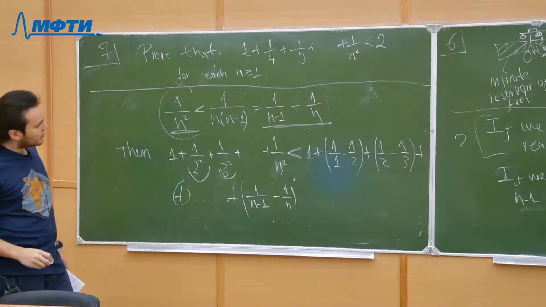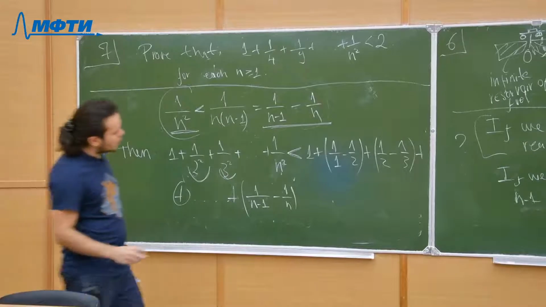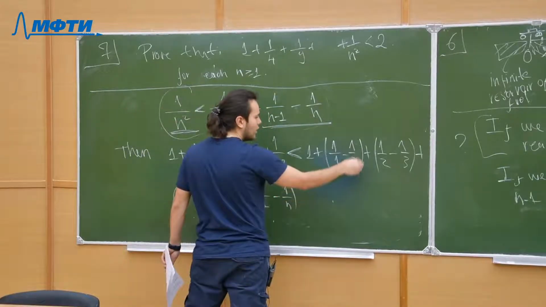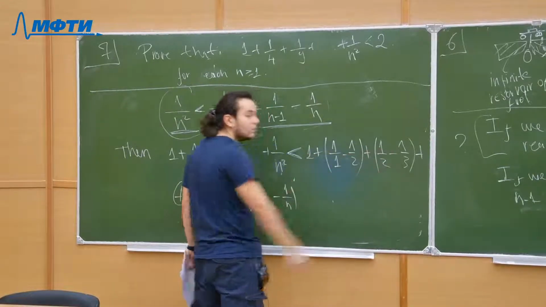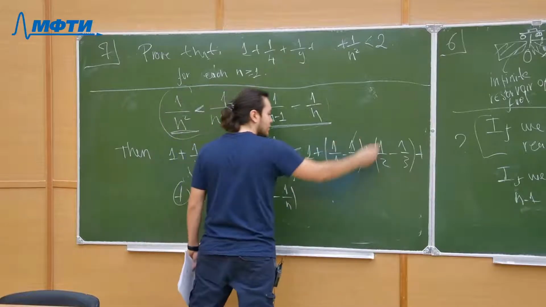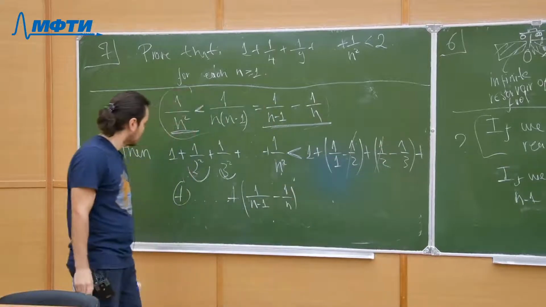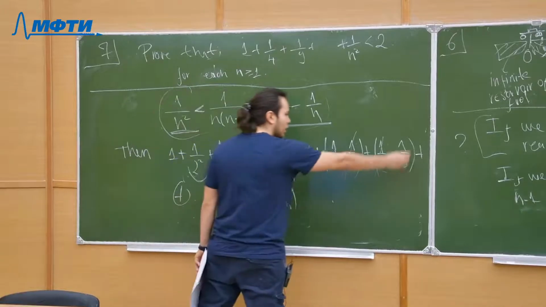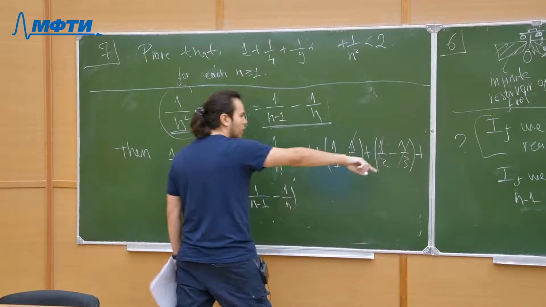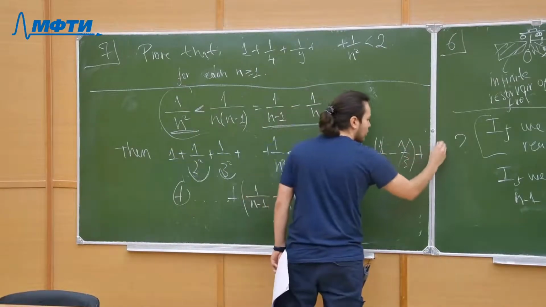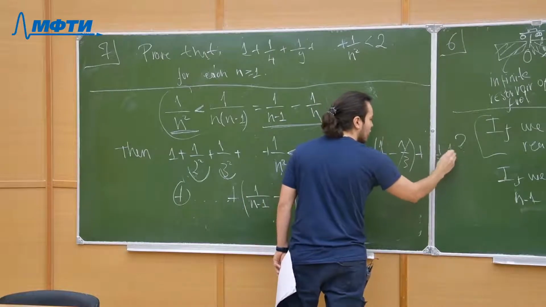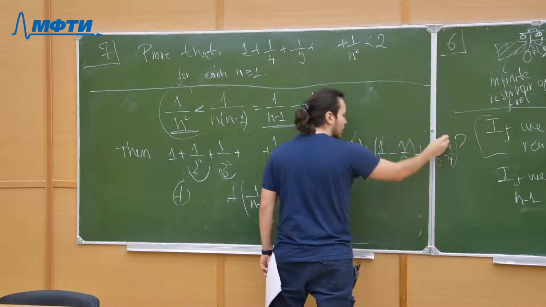And now look at this. We have minus 1 over 2 here and plus 1 over 2. So we can cancel these two things here. And we can cancel as well this thing with, here we will have plus 1 over 3 minus 1 over 4, right? So we will cancel this with this.